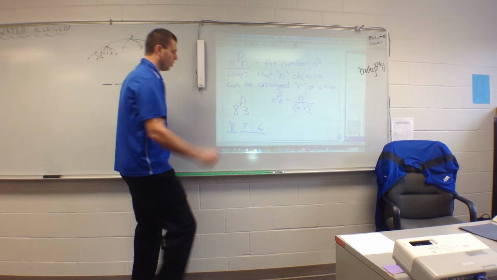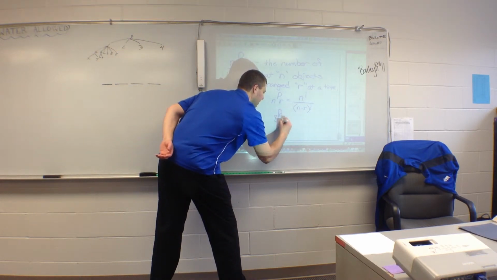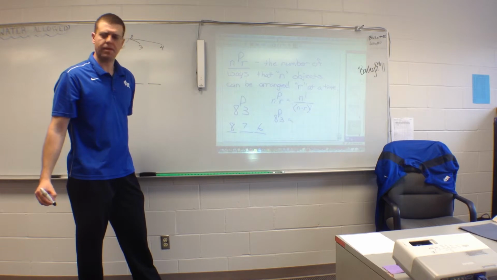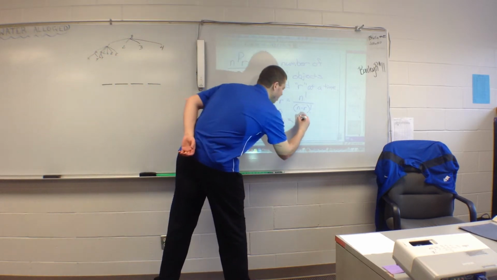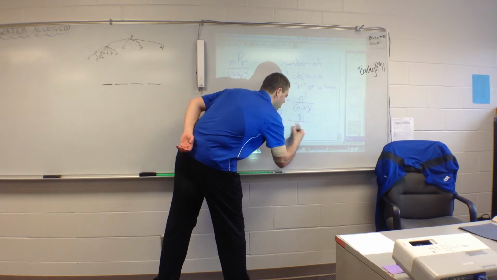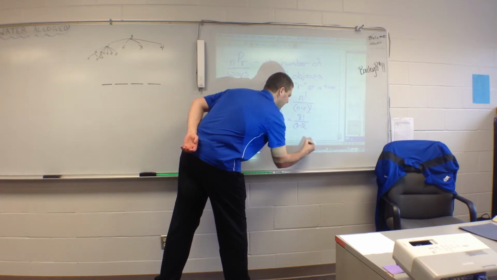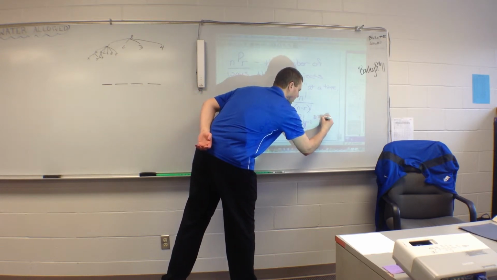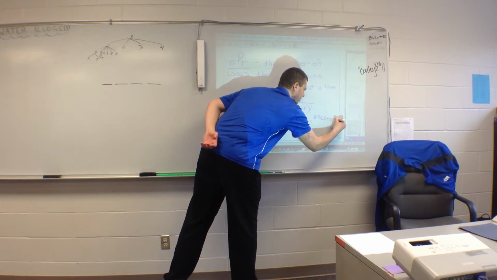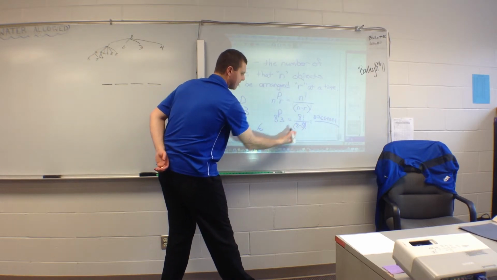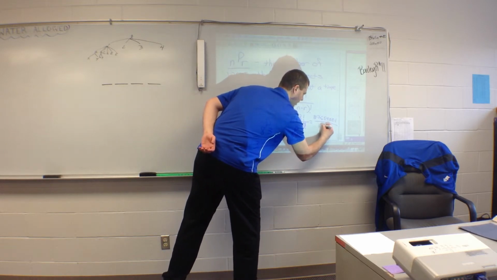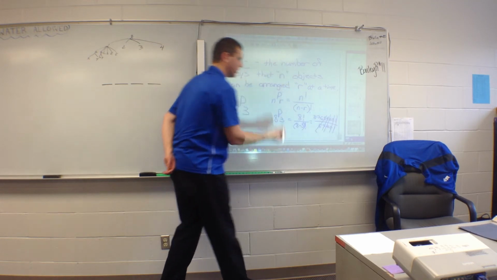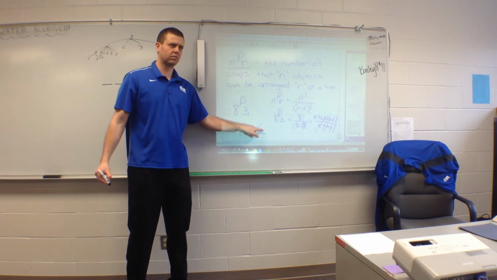So when you do 8 nPr 3, guys, please pay attention, your calculator is doing 8 factorial divided by (8 minus 3) factorial. Which is really 8 times 7 times 6 times 5 times 4 times 3 times 2 times 1, over 8 minus 3, which is 5, so 5 factorial: 5 times 4 times 3 times 2 times 1. Cancel, cancel, cancel, cancel, cancel. What's left? 8 times 7 times 6.